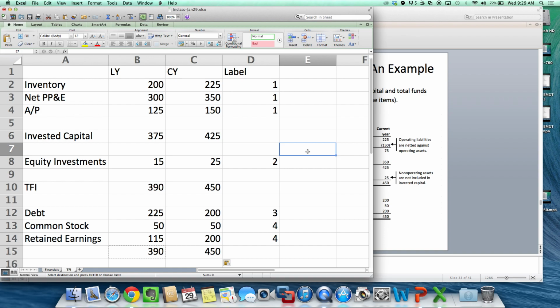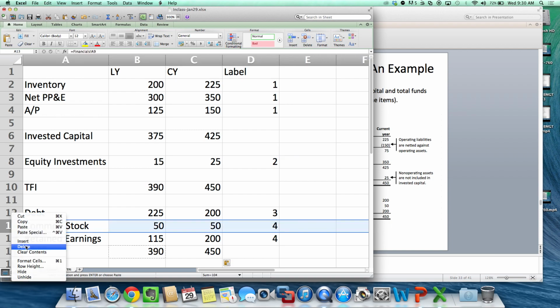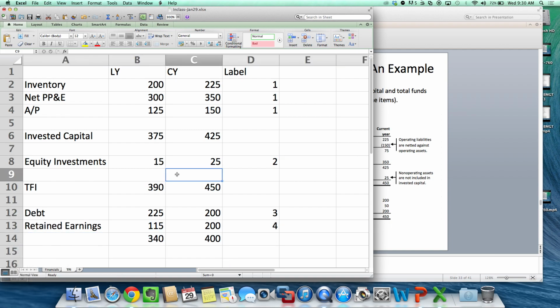The other reason why I like the labeling process, notice what I have on the right. All my 1s are together, all my 2s are together, all my 3s are together, all my 4s are together. The reason why the labeling will help you is that when the statement doesn't balance, so let's say I had this. This is an error.